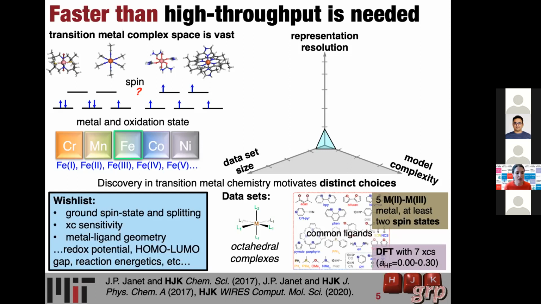We addressed the exchange correlation sensitivity challenge by sampling a range of Hartree-Fock exchange fractions, because that's the piece in DFT that transition metal complexes are the most sensitive to. And our data sets were really small, not as small as some experimental data sets, but in comparison to things like the QM9 data set, the large size and variability of our transition metal complexes mandated that our data set size was considerably smaller.